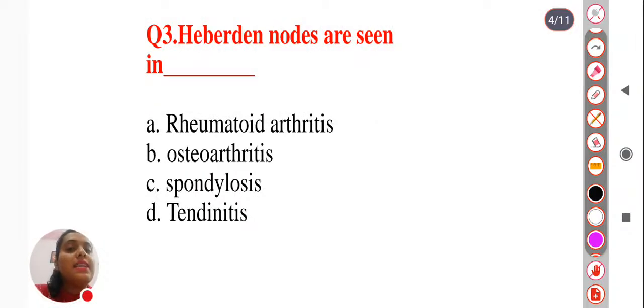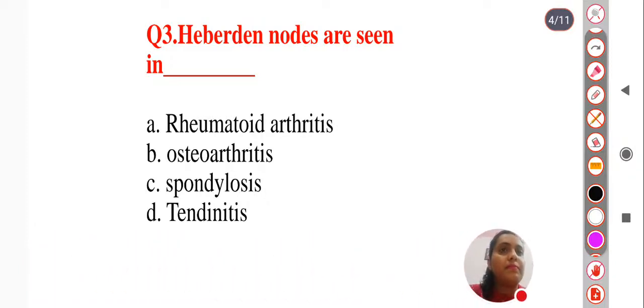Heberden nodes are seen in, first option is rheumatoid arthritis, second is osteoarthritis, then C option is spondylosis and D is tendinitis. All children, please answer. Kiran Chauhan B, Kanika B, Diksha Barwal B, Kritika Rashta A, Akriti Sharma B. Okay, rest of the students I request you to answer.